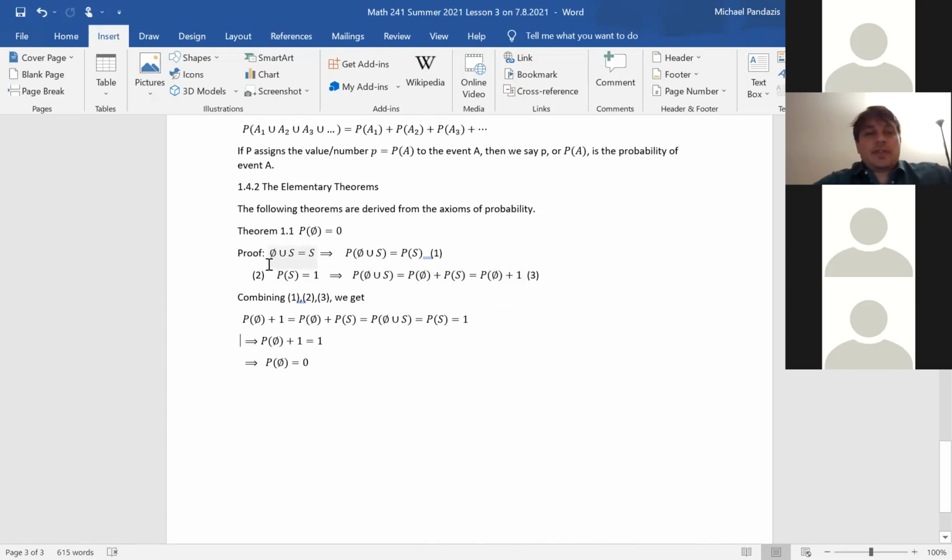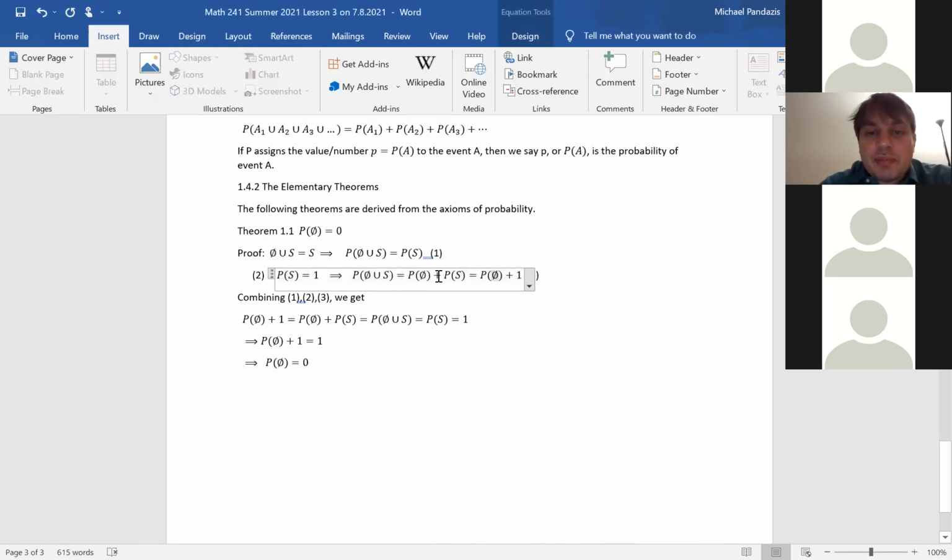So if the empty set union S is S, then the probability of the empty set union S is equal to P of S, and P of S is 1. That implies that P of the empty set union S equals P of the empty set plus P of S, because they're mutually exclusive events. The intersection of the empty set and S is the empty set. So this is equal to P of the empty set plus 1, because P of S is 1. That's 3.